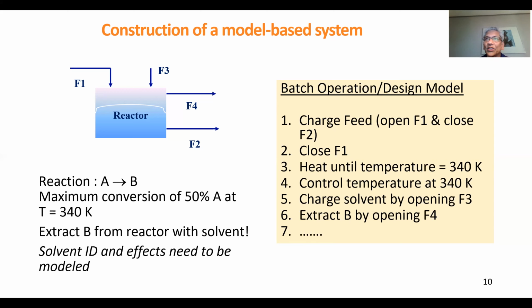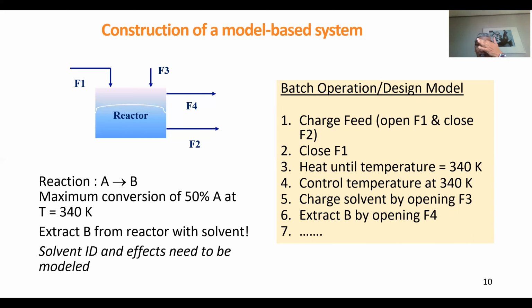Then we will close F1. Then we will heat the reactor until we have 340 K, and we will control the operation at 340 K. And then when the reaction has taken place, we will add the solvent, and then we will extract B by opening F4, and so on.